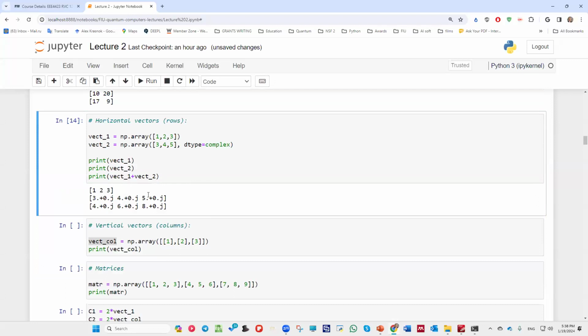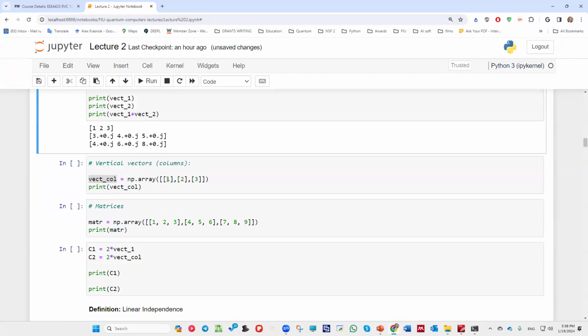So now Python understands that the values of the second vector can be complex valued. For now, it shows me this vector as a real value plus an imaginary value multiplied by 0. But potentially we can also use complex numbers there.